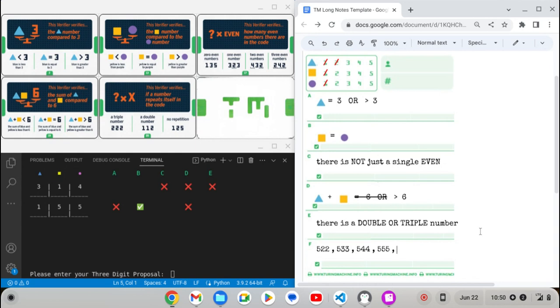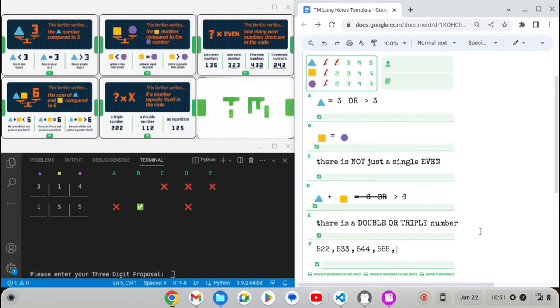Okay, so that's all the 5s. Yes, 522, 533, 544, 555. I don't see anything we've established that would disqualify any of those.